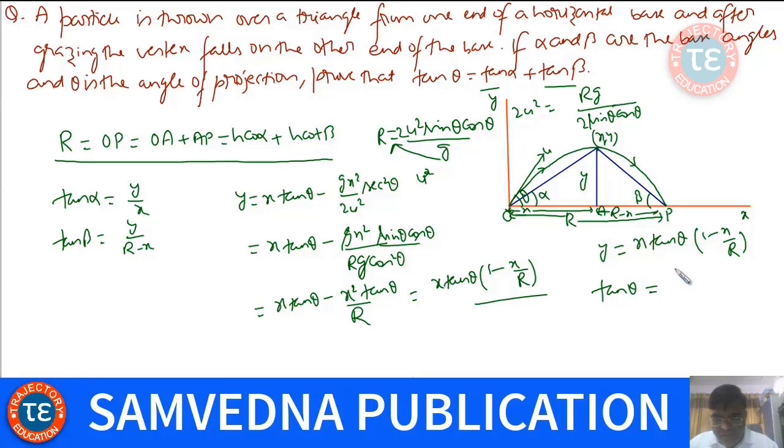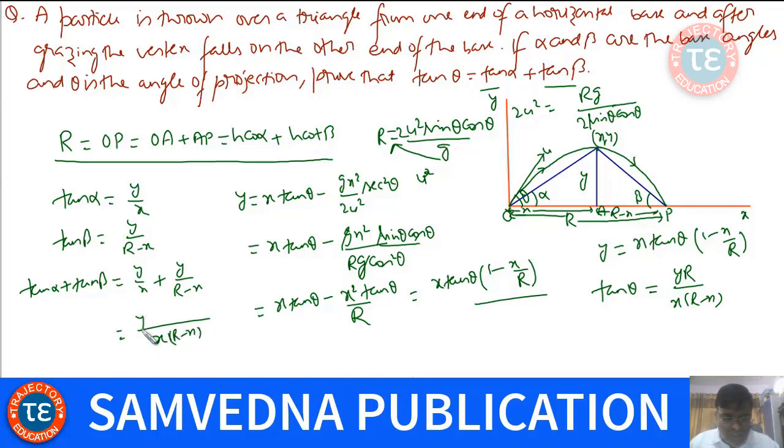So what is tan theta? Tan theta is going to be yr upon x into r minus x, and from here tan alpha plus tan beta is y by x plus y by r minus x, which will be written as yr minus yx plus xy, this will cancel out, and this is the same as tan theta.